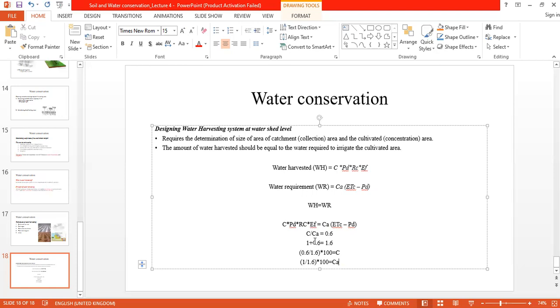So if your answer is less than 1, you place your 1 below here, so your CA is the one which has 1.